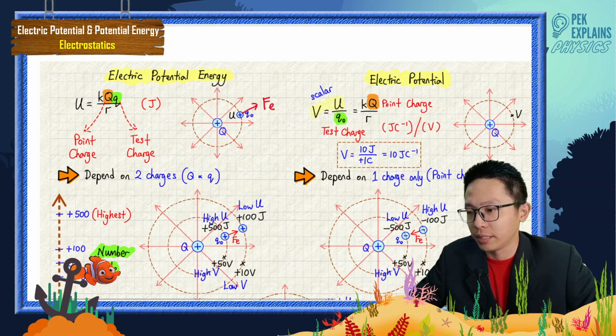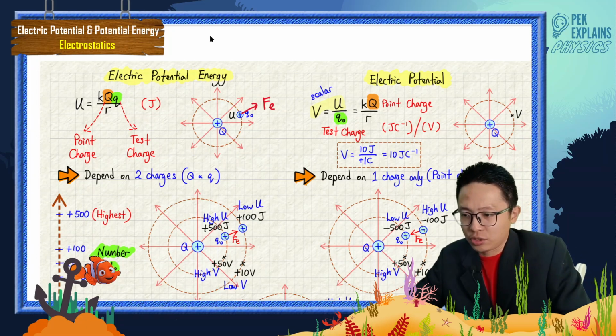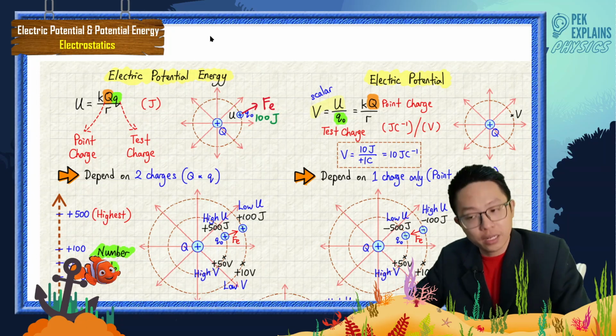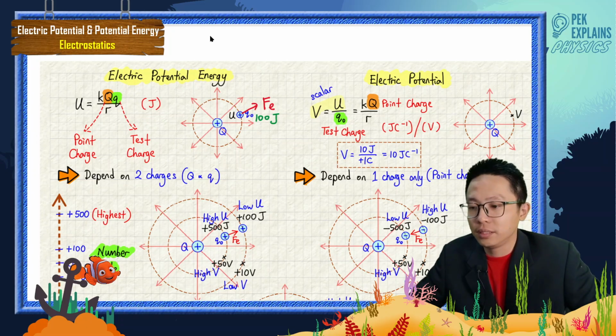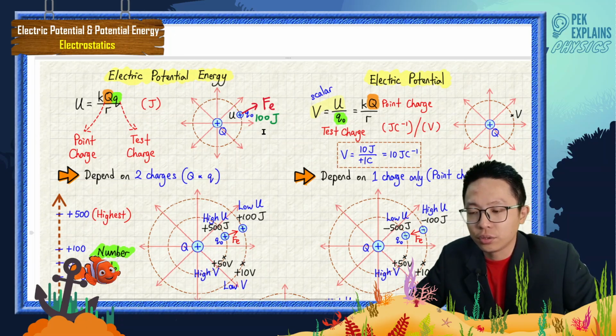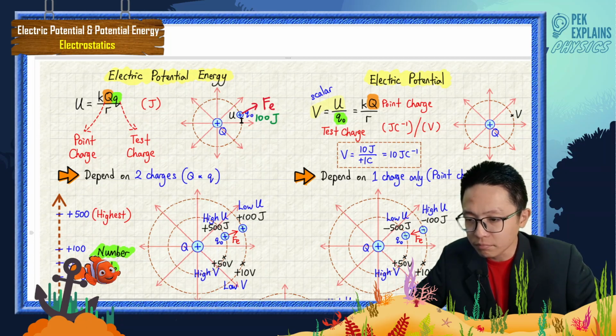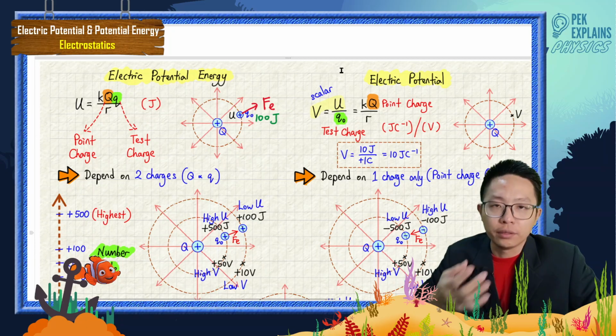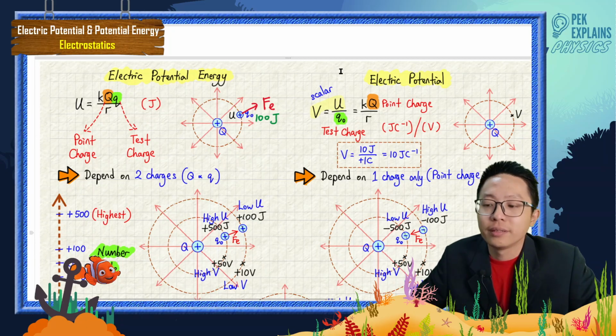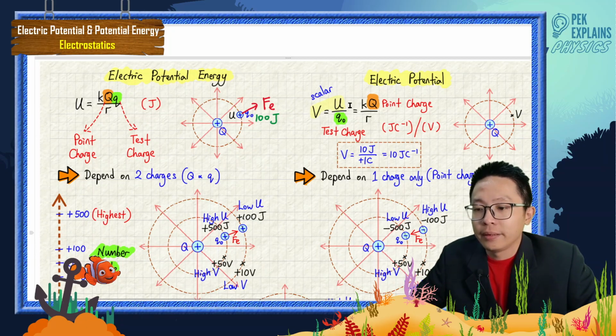So maybe you can say this test charge possesses 100 joule of potential energy. So if we let go of this test charge, this 100 joule of potential energy will change to 100 joule of kinetic energy.